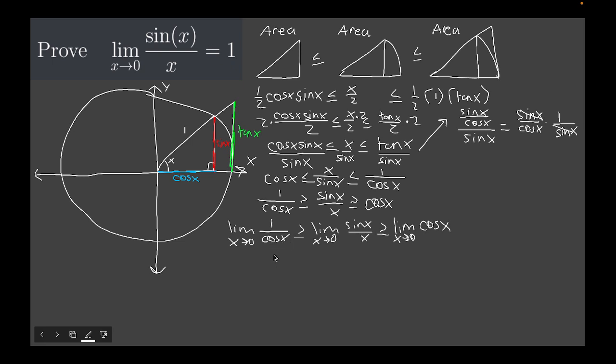So 1 divided by 1 is just 1, which is greater than or equal to the limit as x approaches 0 of sine x over x, which is greater than or equal to. Now we can do the same thing right here. Just substitute x as 0 and cosine of 0 is just 1. So now we have this inequality.